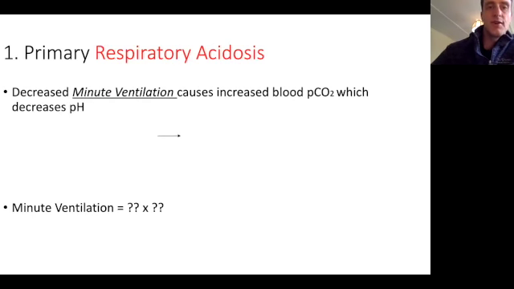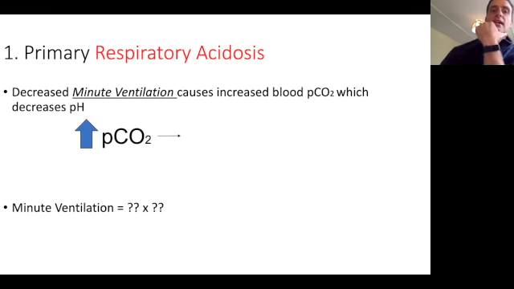The first category will be primary respiratory acidosis, something that I'm sure you're familiar with and something that we encounter on a regular basis as anesthesiologists. Decreased minute ventilation causes increased blood carbon dioxide level, which decreases the pH.